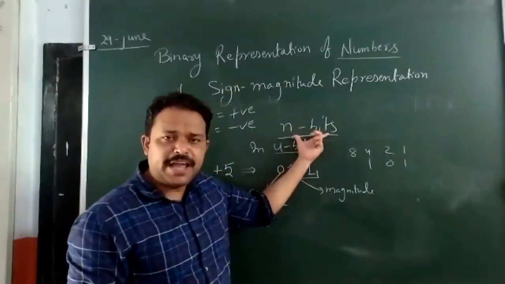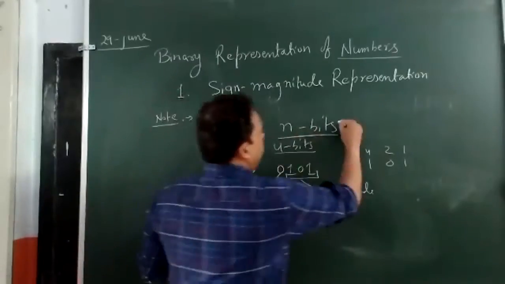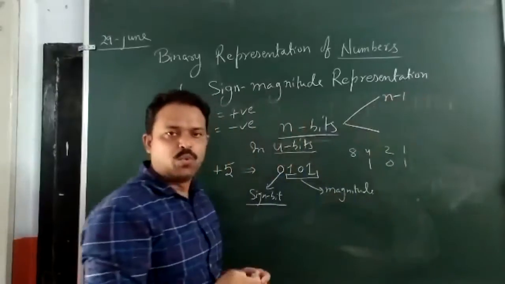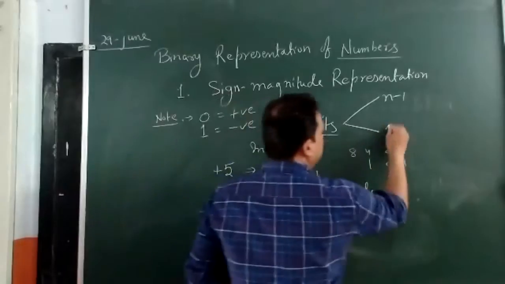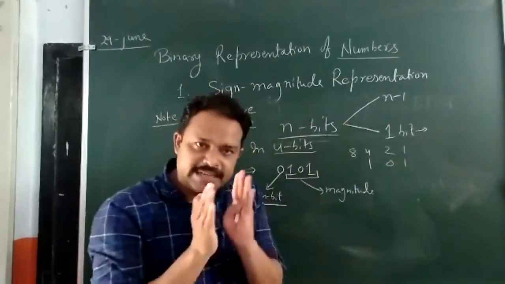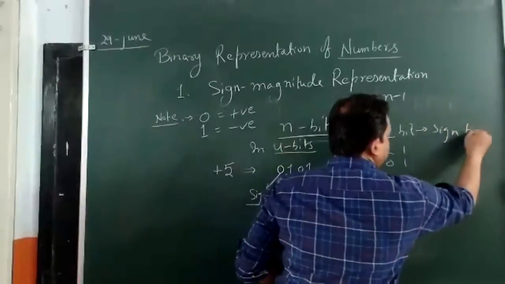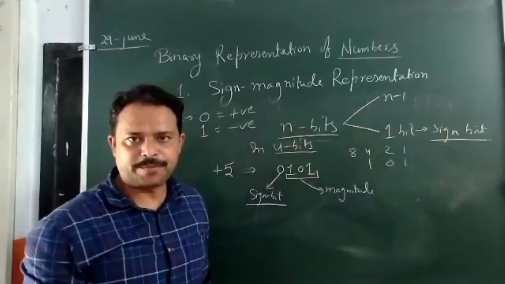If you are representing any number in n bits, n minus 1 bits will represent the magnitude, and 1 bit is reserved for the sign bit. This is the meaning of what I want to say.